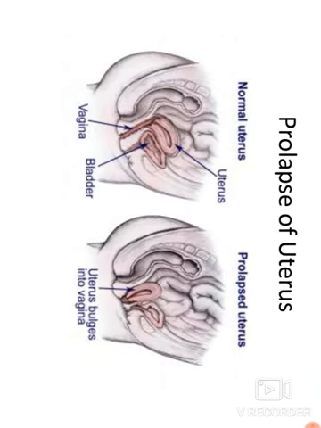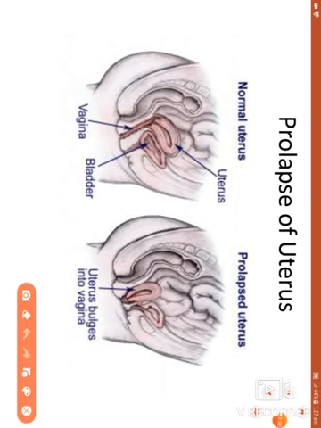Here you can see this is the prolapse. Prolapse is the uterus bulging into the vagina. The risk is higher in multiparous women who have had more childbirths, and also in women who have chronic cough.